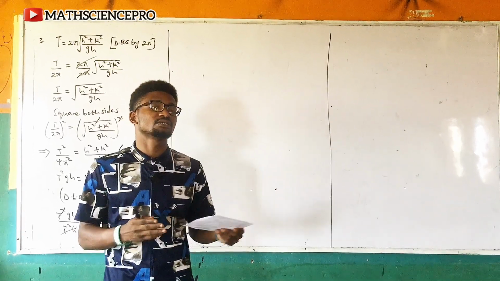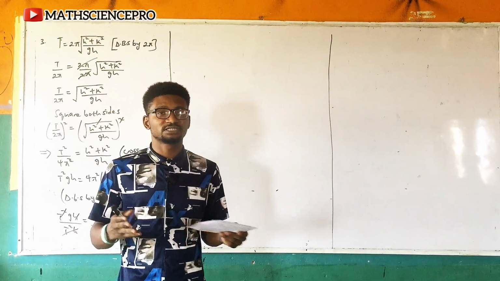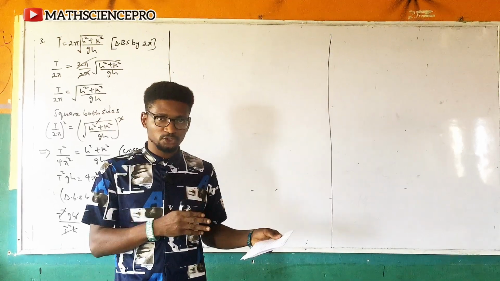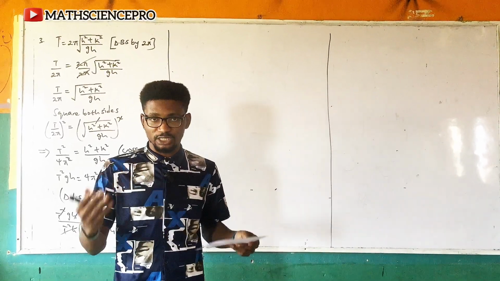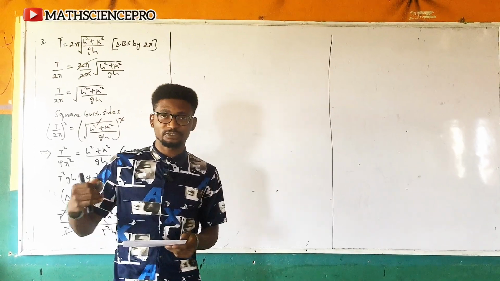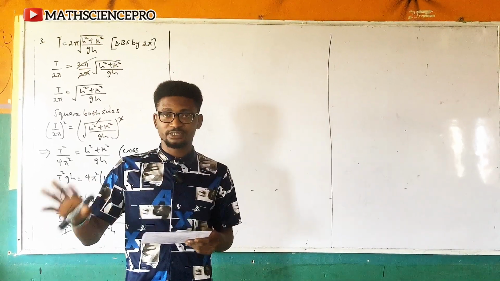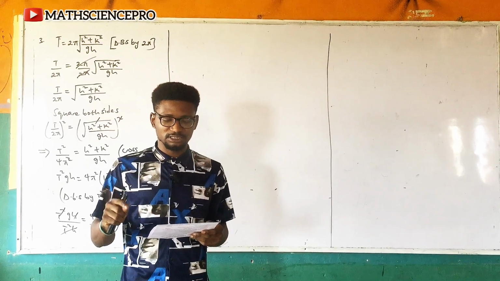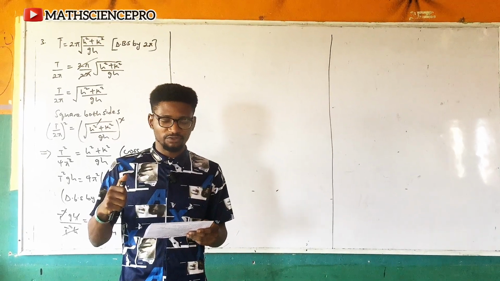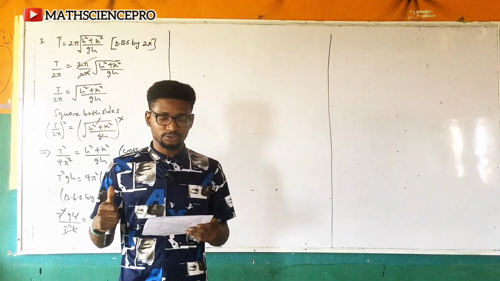Take for instance, if the wife weighs 50 kg, it means the man is going to be 53. If the wife weighs 42 kg, it means the man is going to be 45. The man is 3 greater than his wife. Then the second statement is 4 years ago, the ratio of their weight is 5:2.